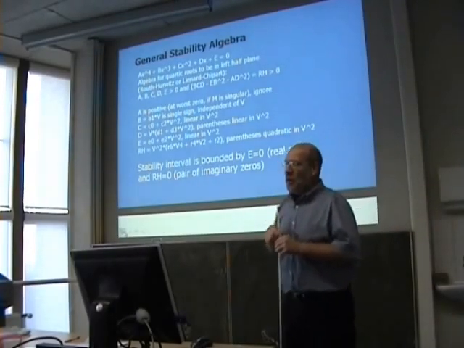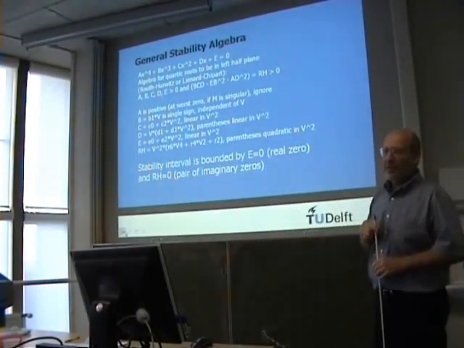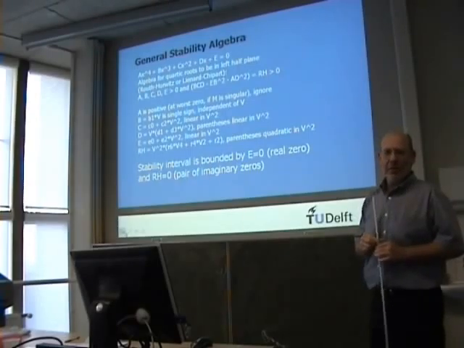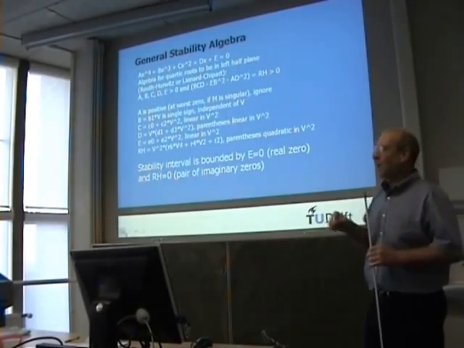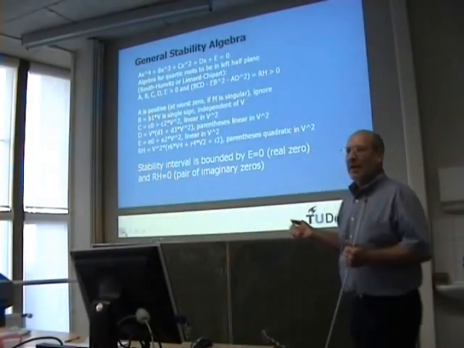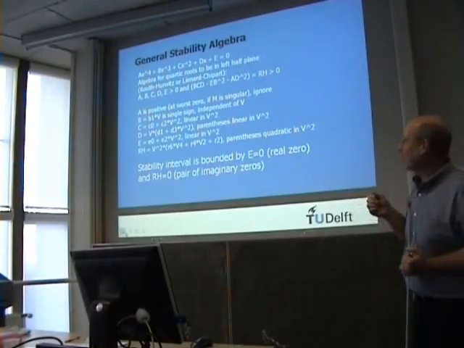Now, if you have stable behavior with all eigenvalues having negative real parts, there are only two ways that you can lose stability. One is that an eigenvalue which is real goes from negative to positive, and in that case you have a real zero of your equation.